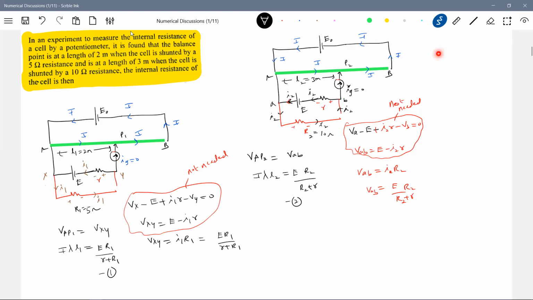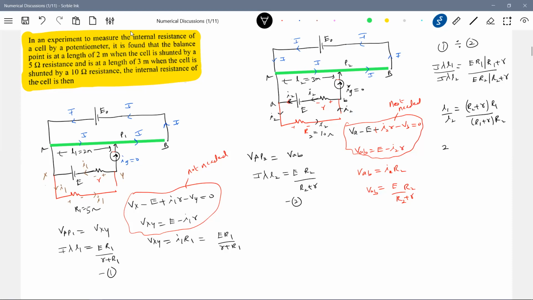So dividing 1 and 2, this will become I lambda L1 by I lambda L2 equals E R1 by R1 plus r, so L1 by L2 is equal to R2 plus r into R1 by R1 plus r into R2. Don't go for lengthy calculation, just substitute the values because small r is unknown, no?